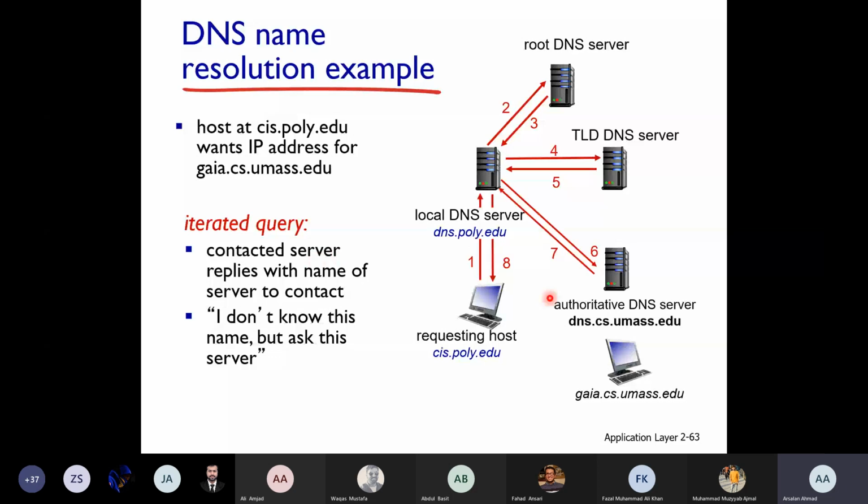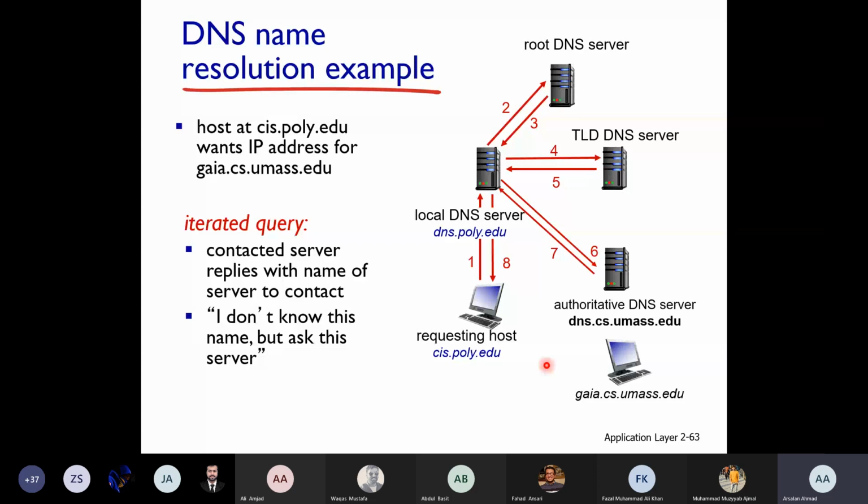Just notice, let's assume there is another host over here, and that host is from the engineering department, ee.umass.edu. This is cs.umass.edu, and that host is, let's say, gaia.ee.umass.edu, and there is another host over here.